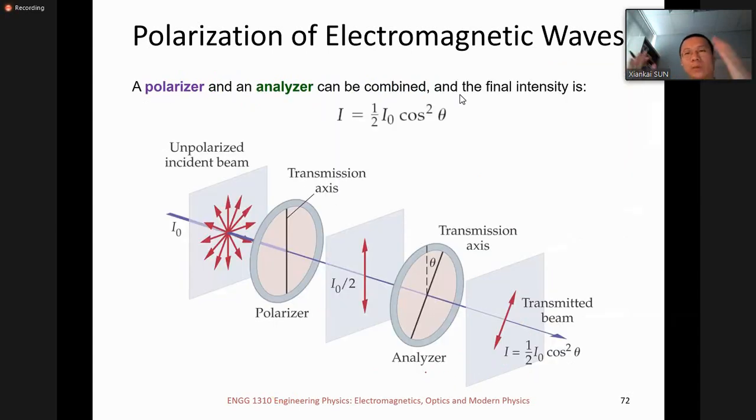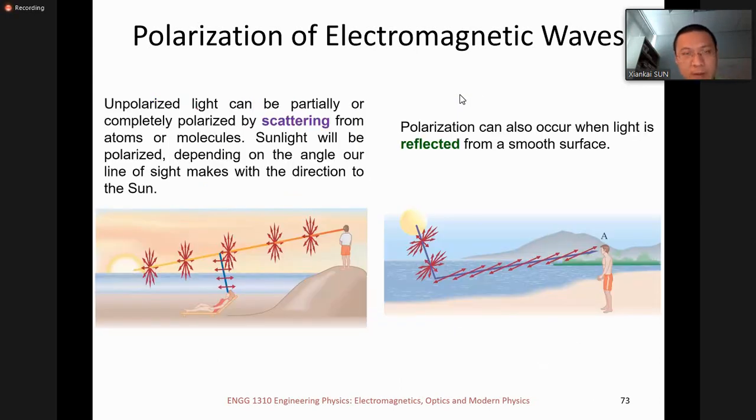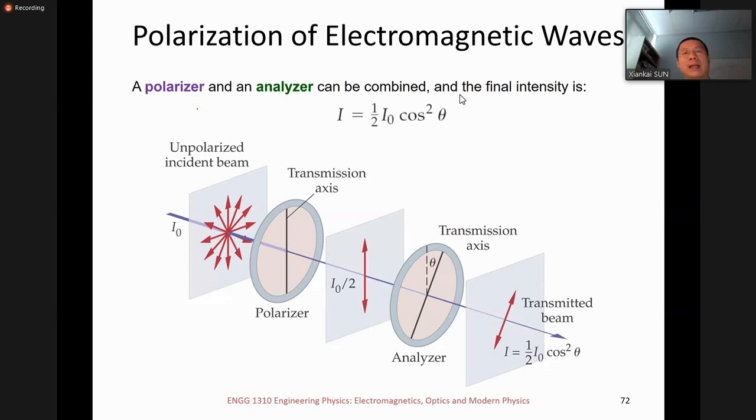Okay, so combining the two effects that we mentioned in the previous slides, if you have a combination of a polarizer and analyzer, then the final intensity will become half I naught times cosine theta squared.